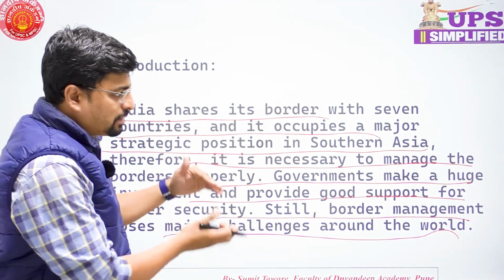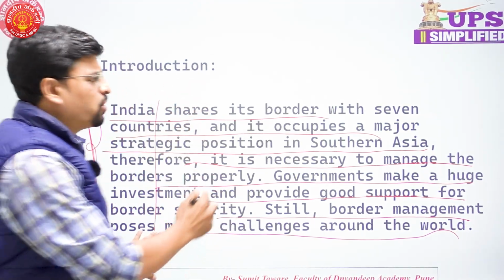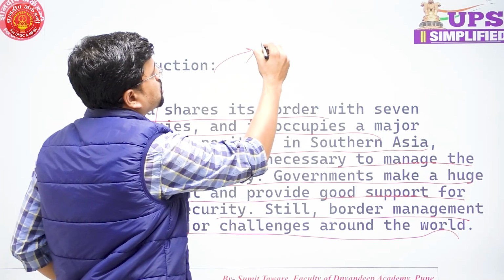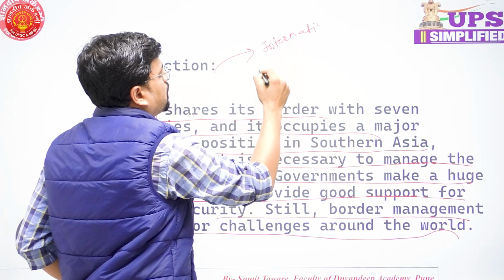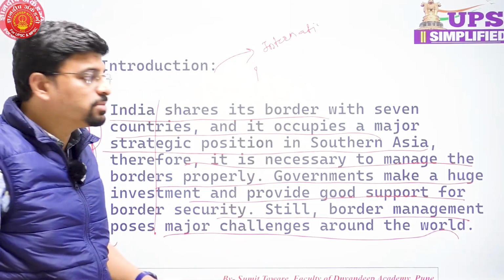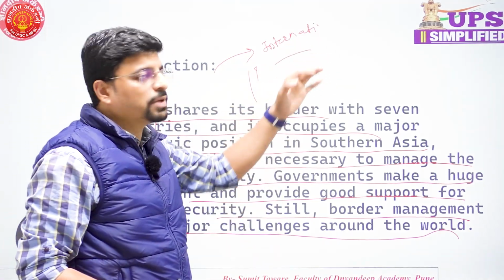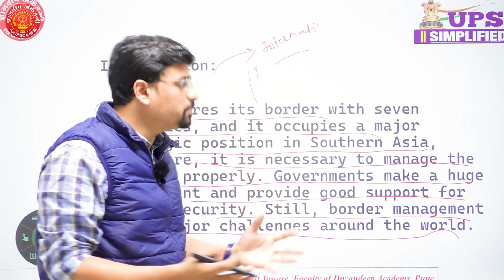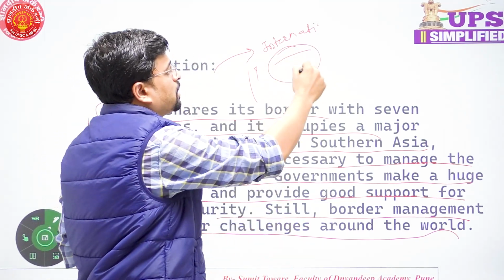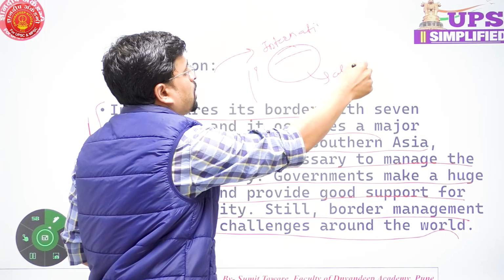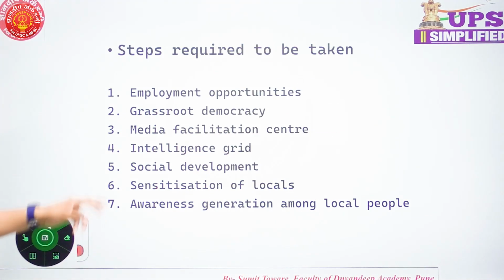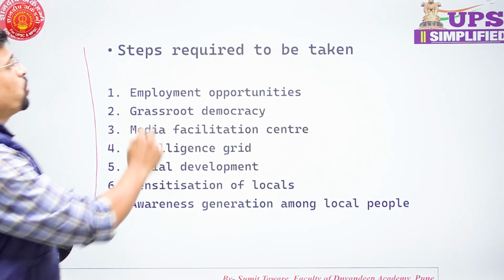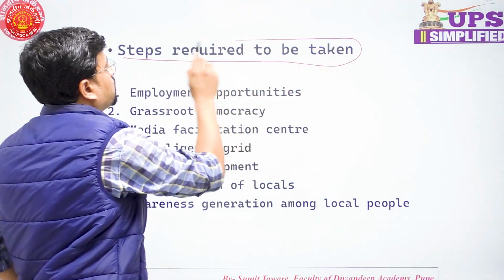You can write the introduction this way, or you can also mention India's international border: how much maritime border we have, how much land border we have, and what problems are created along these border areas.